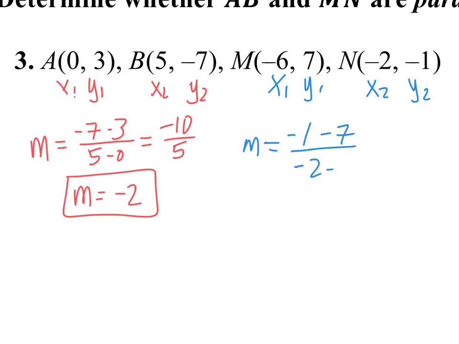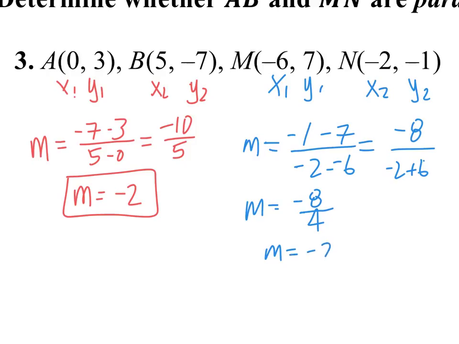That's going to give us negative 8 up top, divided by negative 2 plus 6. So we get m is equal to negative 8 over positive 4. And so this one simplifies down to m equals negative 2.